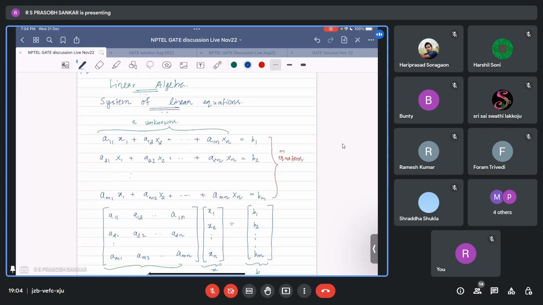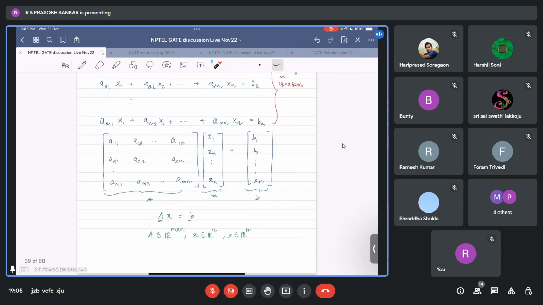So the aij are the coefficients, the xi are the unknowns, and the bi are the observations, or let us say known quantities. This entire collection of m equations in n unknowns forms what is known as a system of linear equations.